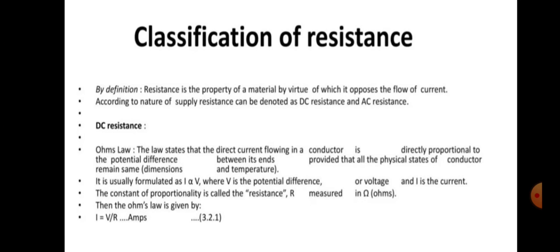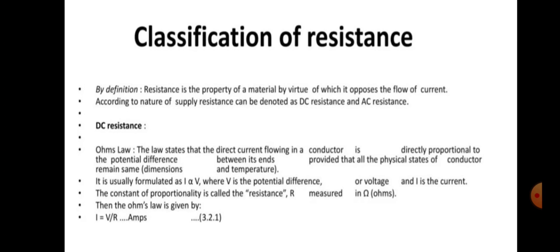So as I is directly proportional to V, if you take out the proportionality constant, we can denote it as the resistance, which is denoted by R and which is measured in ohms. Then Ohm's law can be written as I equals V upon R, and the unit for I is amperes. So you can write I equals V upon R, or V equals I into R. So this is about Ohm's law.